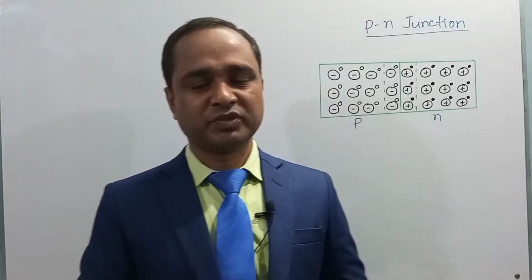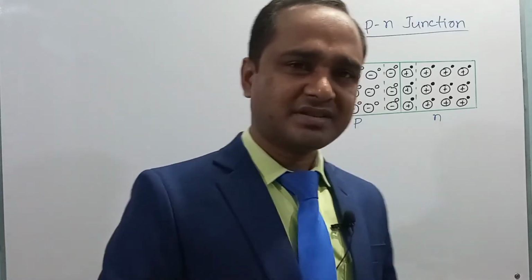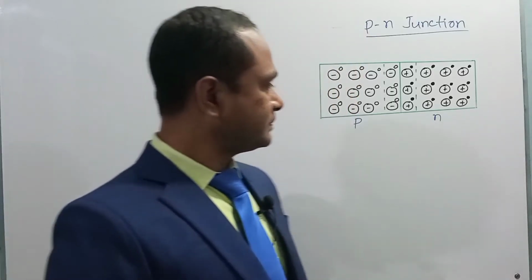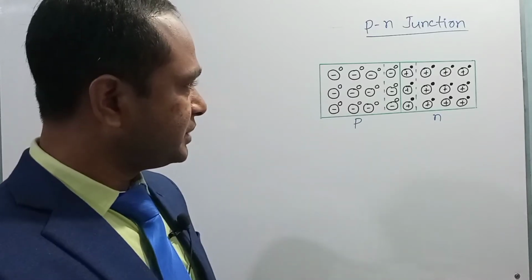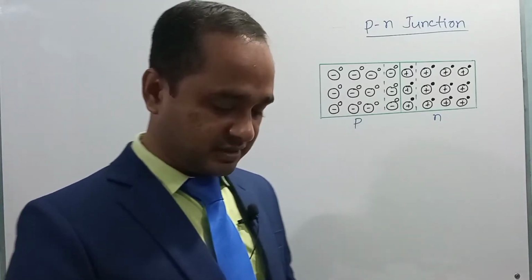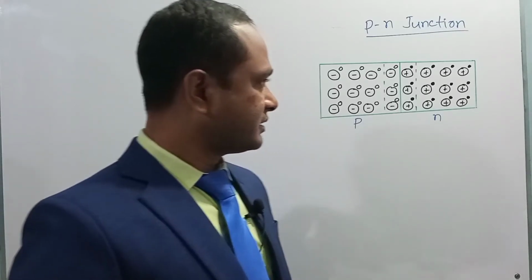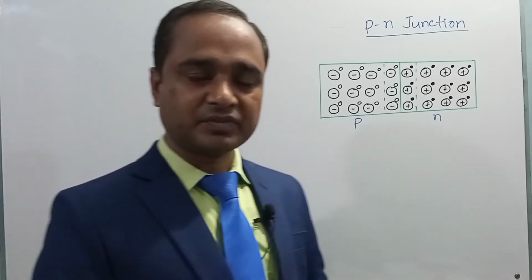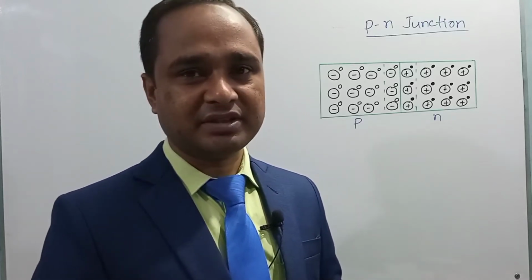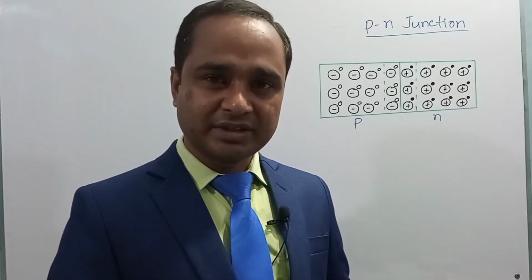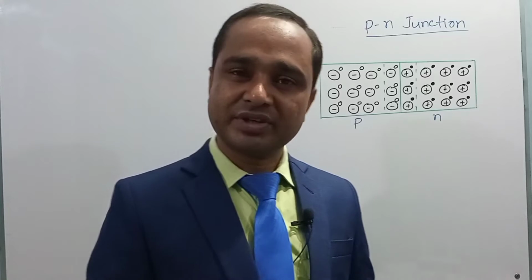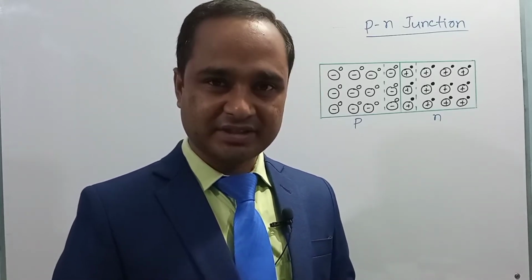Dear student, before discussing forward bias and reverse bias, we need to discuss p-n junction. First of all, I would like to say what a semiconductor is. A semiconductor is a crystal formed by tetravalent atoms by covalent bonds. So there is no free electron or hole to conduct electricity.